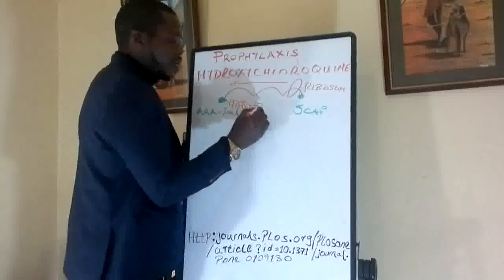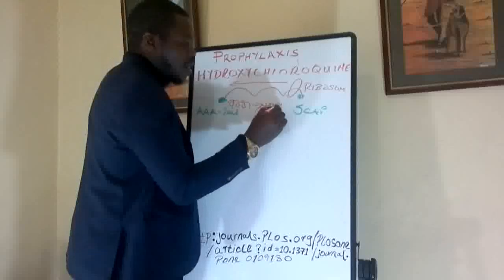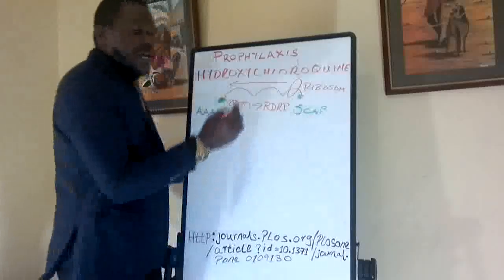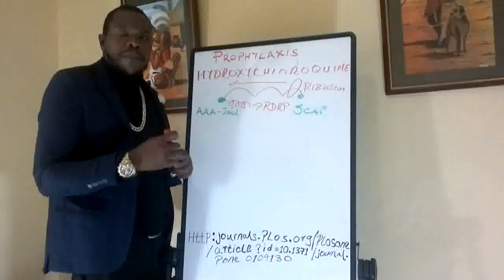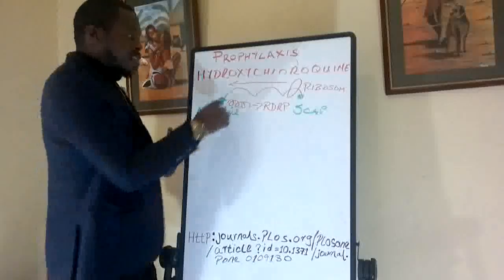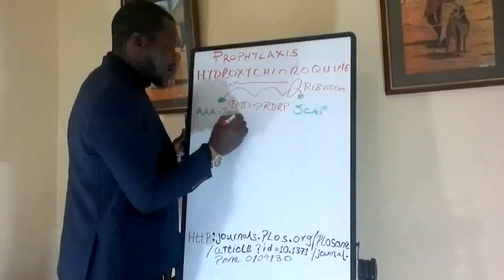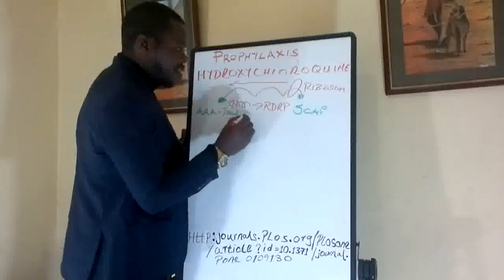Now this protein is called RDRP. RDRP stands for RNA-dependent RNA polymerase. Now, once this protein has been created, the protein moves to this side.